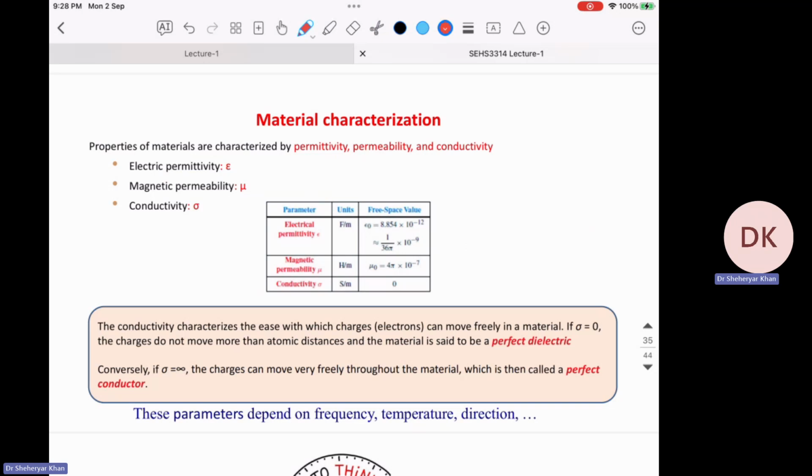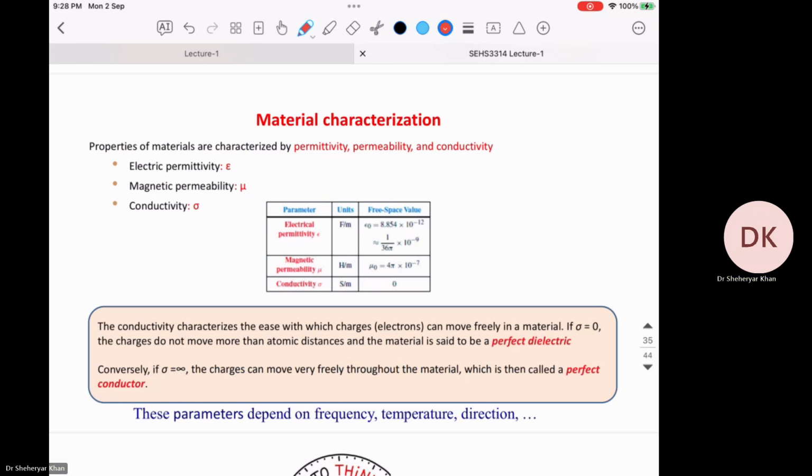We use the insulator. Then permeability, magnetic permeability. For electric permittivity, we use farad per meter. Epsilon naught is given, and you can simplify it also. For magnetic permeability, we use Henry per meter. That is mu naught.